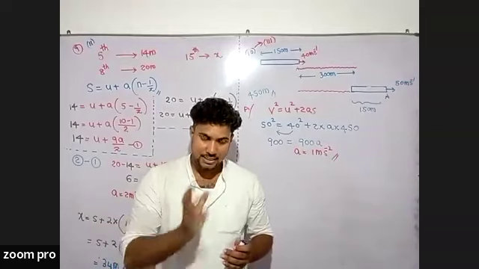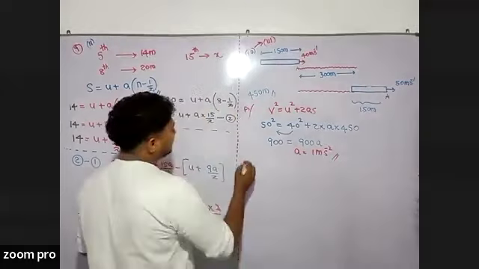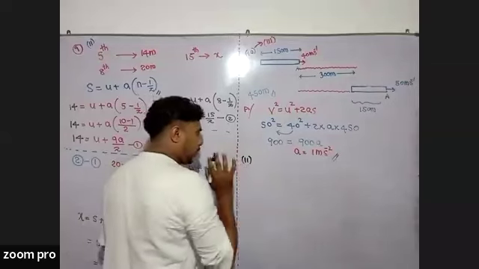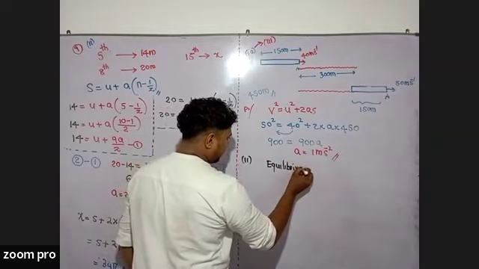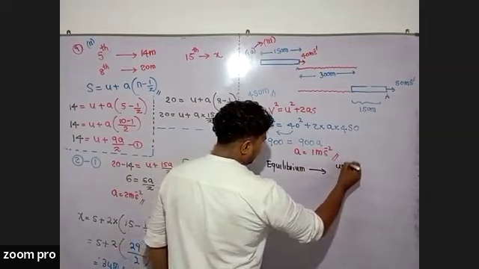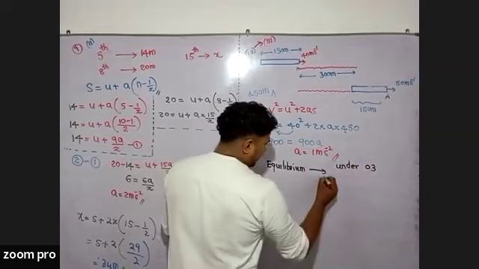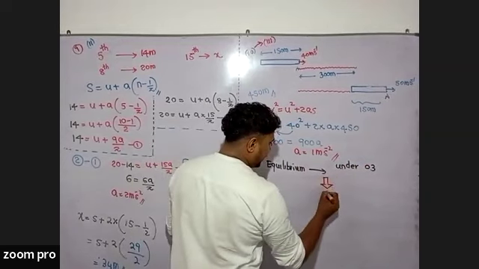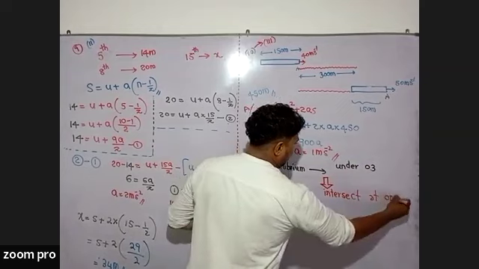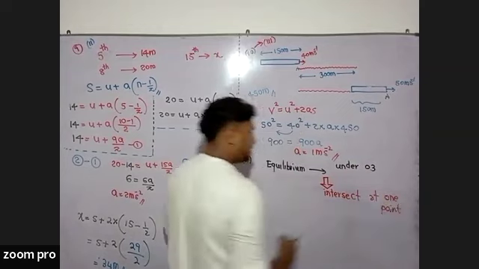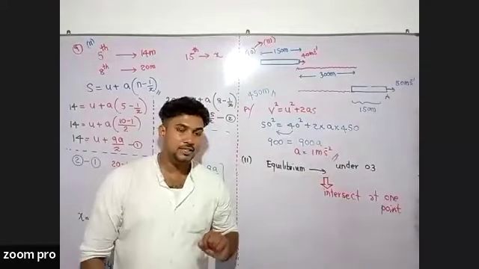And we have learned that there's a requirement if the object is in equilibrium state under 3 forces, each force should intersect at one point. All the forces, that means the 3 forces should intersect at a particular point, right?